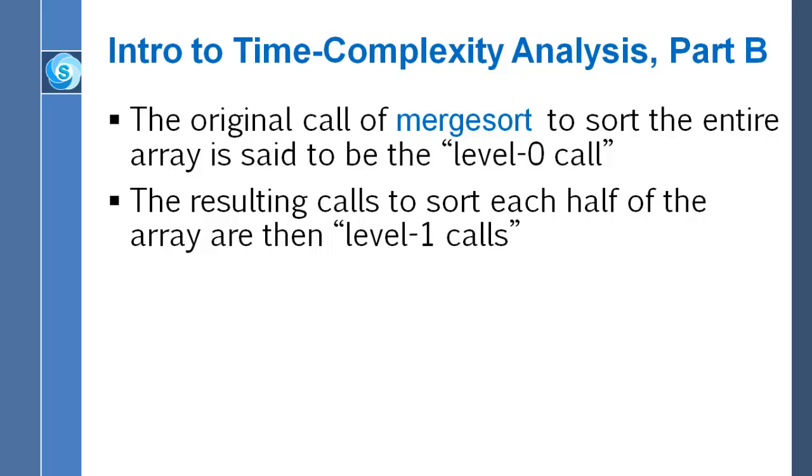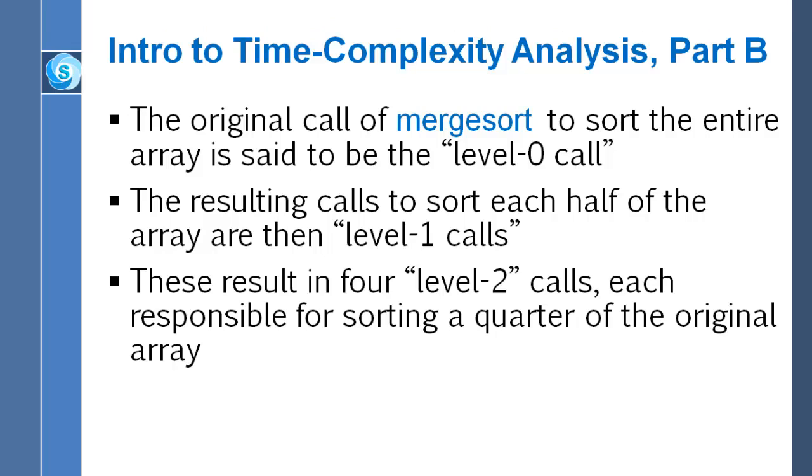Okay? Then each of the level 1 calls results in two level 2 calls. All right? So there are going to be 4 level 2 calls. And each of those results in a level 3 call, and so on, right?